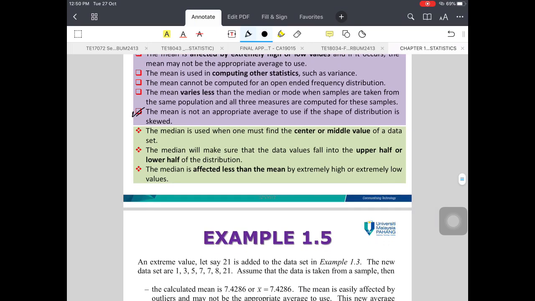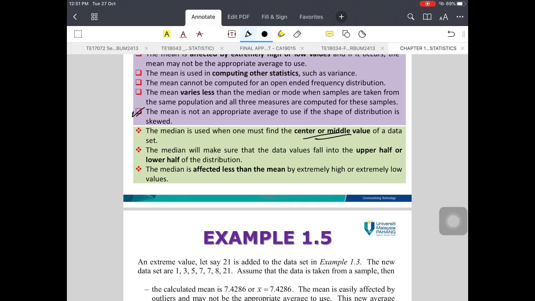The median is used when one must find the center or middle value of a data set. Okay, so median is a location-based center value. The median will make sure that the data values fall into the upper half and lower half of the distribution. For example, if we have 100 data values, the first 50 and the next 50 are balanced.